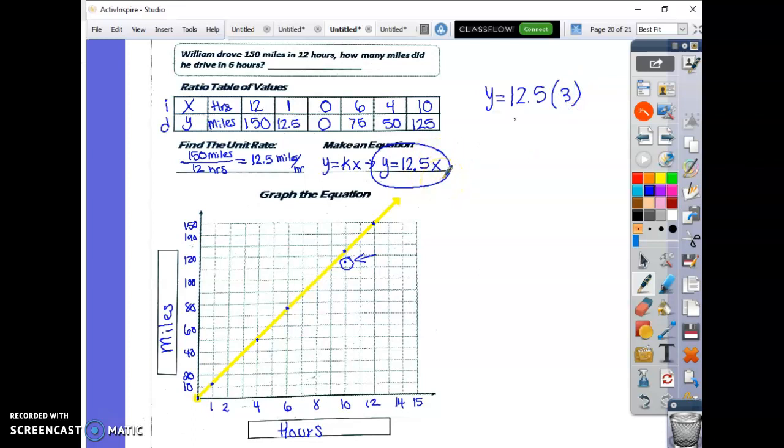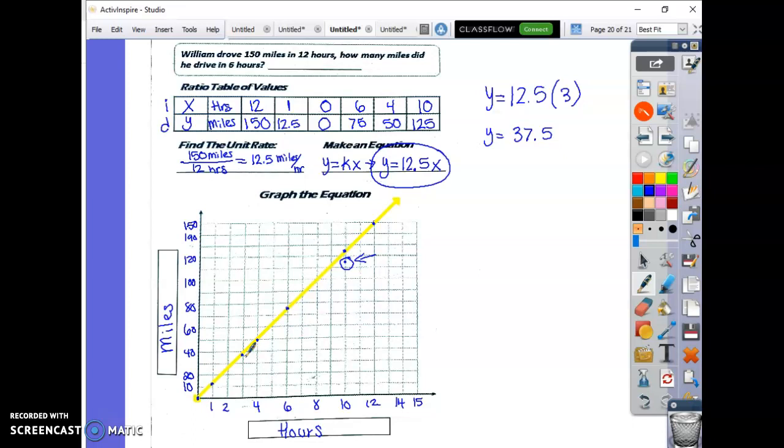Well, let's figure it out. y is equal to 12.5 times 3 gives us 37.5, right? Let's go check that real quick. 3 and 37.5, so that's going to be right over here. That's almost on the line. So I think that one counts also. Very close to 40, right?